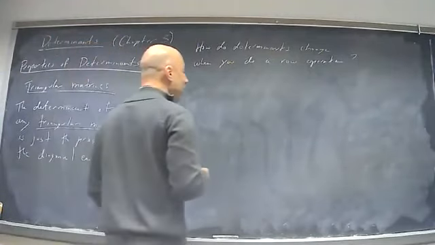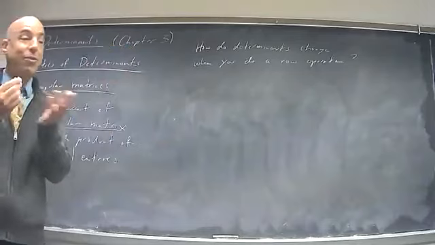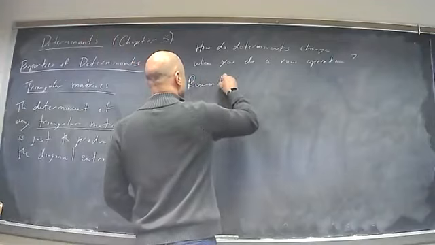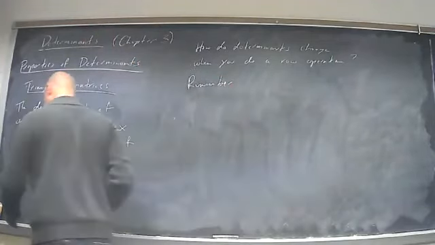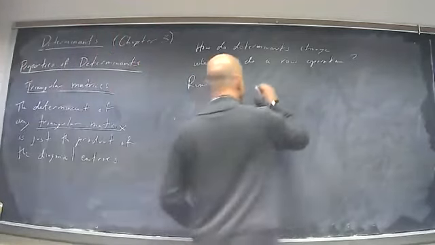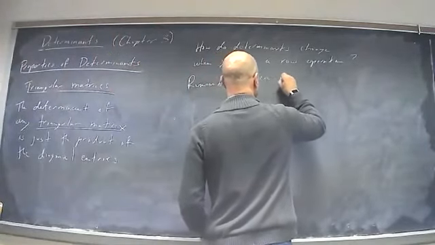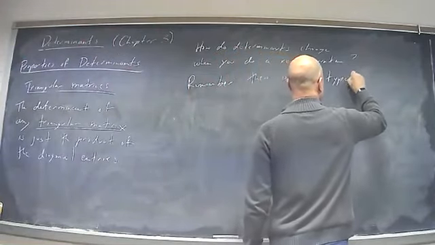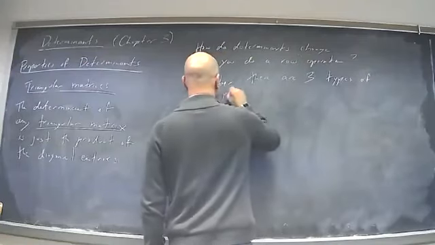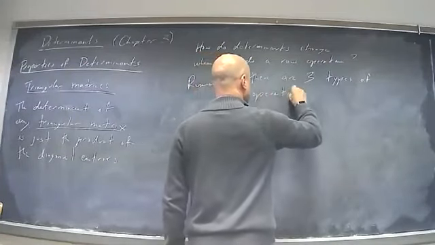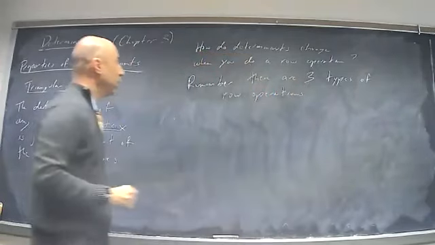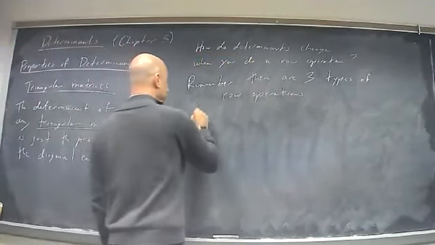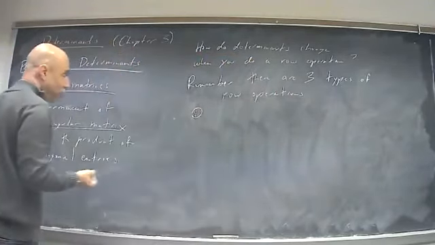So remember, when I'm talking about row operations, we have 3 kinds of row operations. You've been doing a bunch of row operations. Doesn't matter how we order them, but one is called replacement.